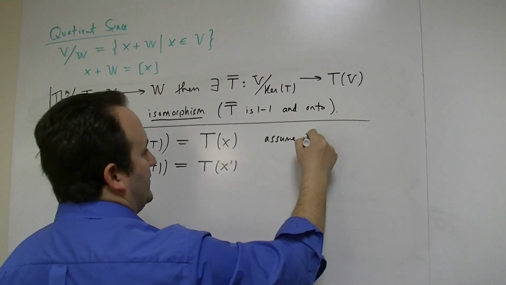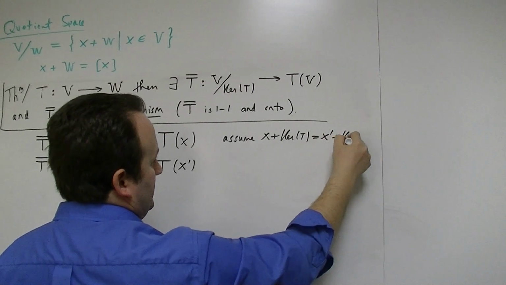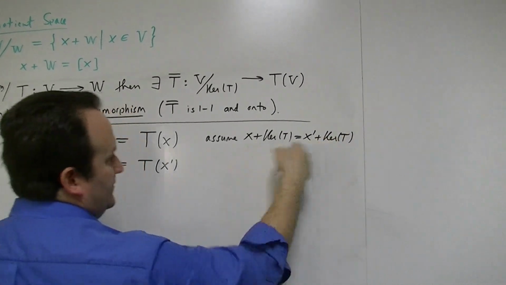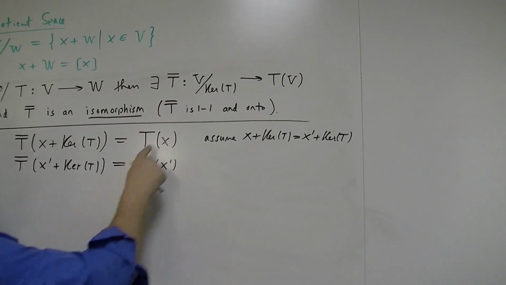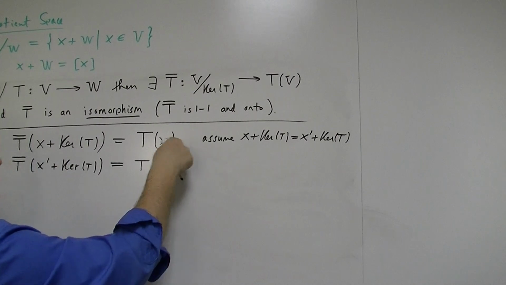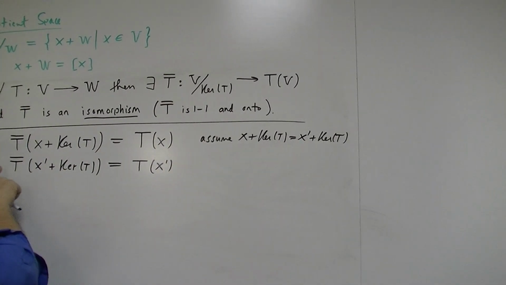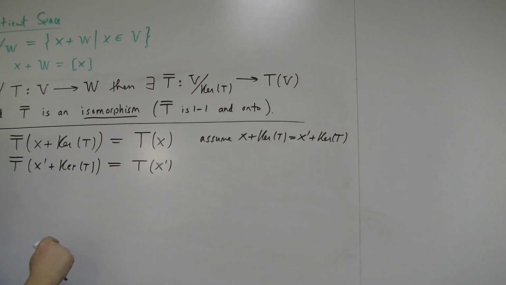To make this interesting, I'm assuming that x plus the kernel of T is equal to x prime plus the kernel of T: same coset, possibly different representatives. For T bar to be a function, I'd be in trouble if T of x and T of x prime were different values, because then T bar wouldn't be single valued.